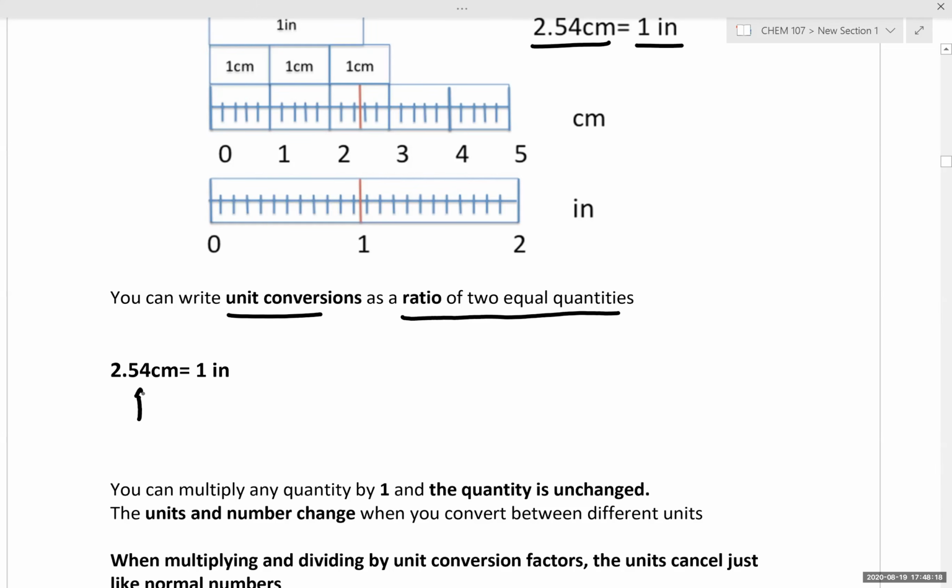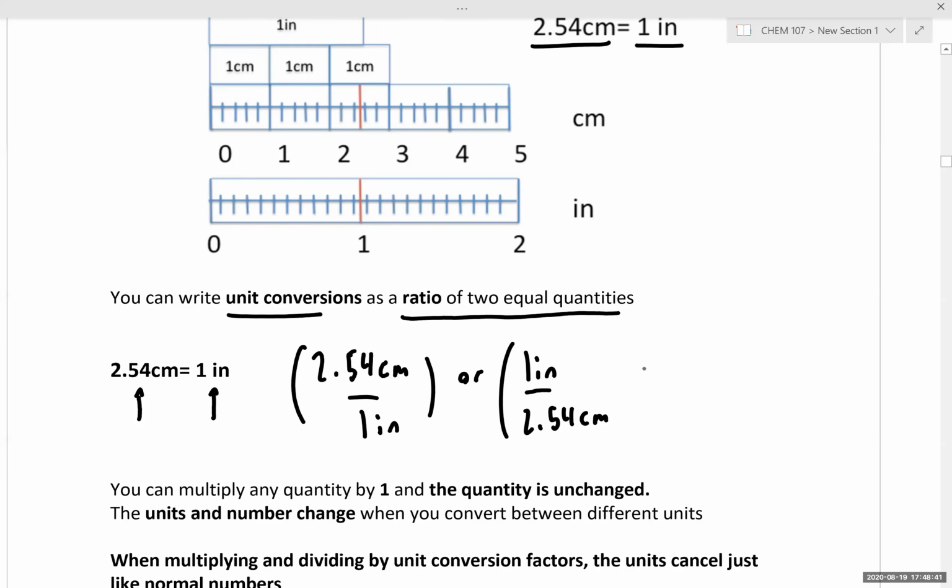So if we know 2.54 centimeters are equal to 1 inch, we can write out a ratio where we have 2.54 centimeters per every 1 inch, or we have 1 inch for every 2.54 centimeters. Unit conversion factors are a ratio of two equal quantities. Two quantities that are representing the same value in our physical space.